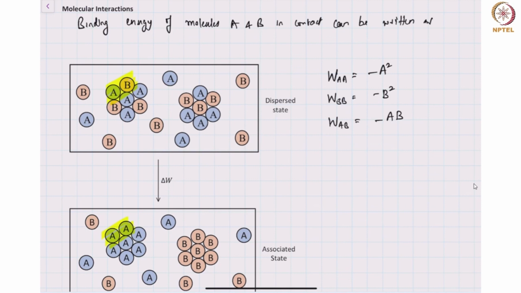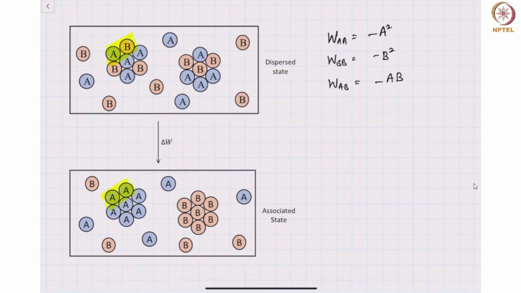Okay. Now we are looking at a more microscopic picture, which is mostly Coulombic interactions. Now we have written down the binding energy of A with A and B with B and so on. We can write down the binding energies for different configurations. So now I can ask, what is the change in the state going from the dispersed state to an associated state? So let's look at that a bit more closely.